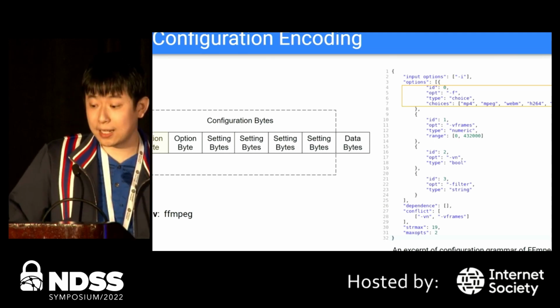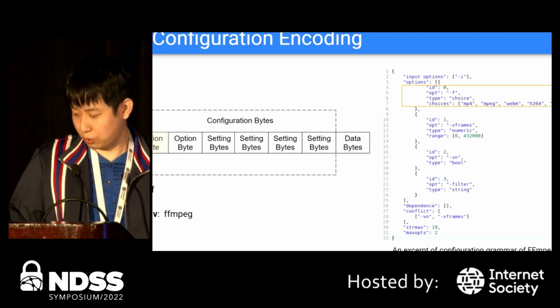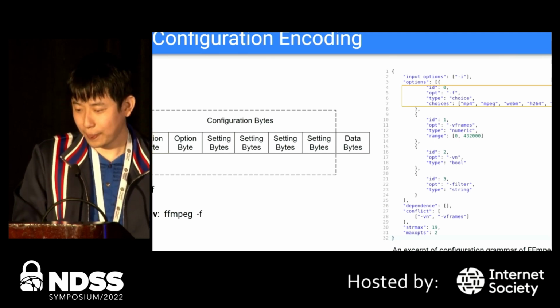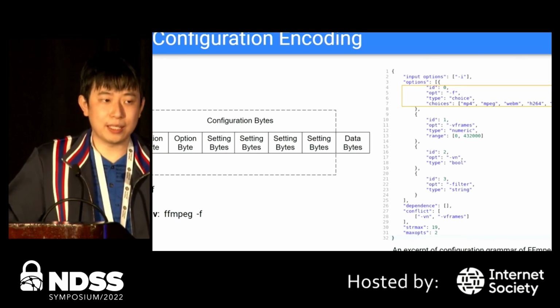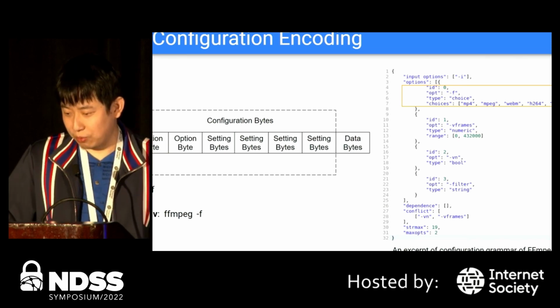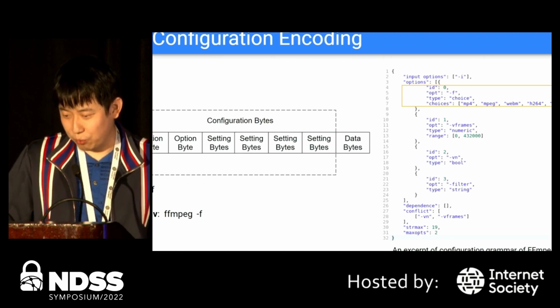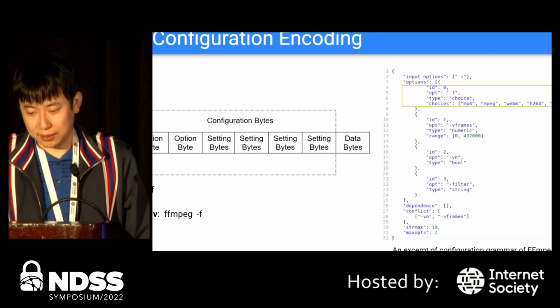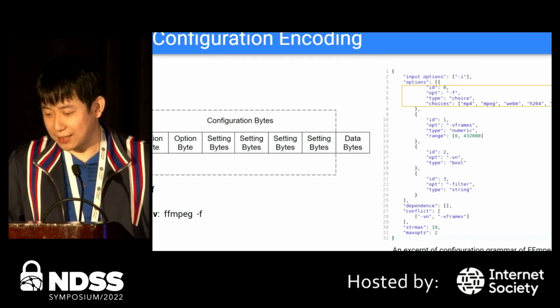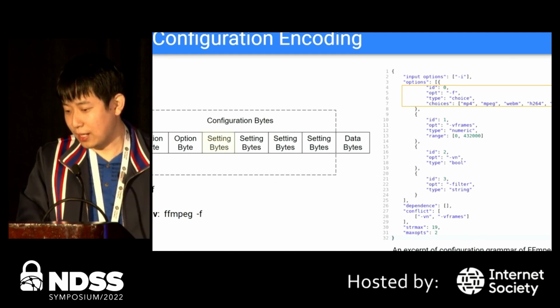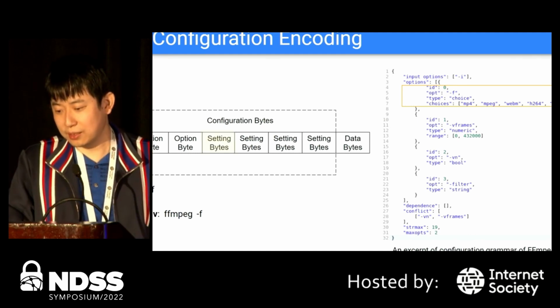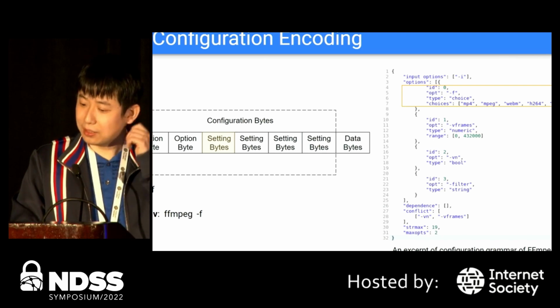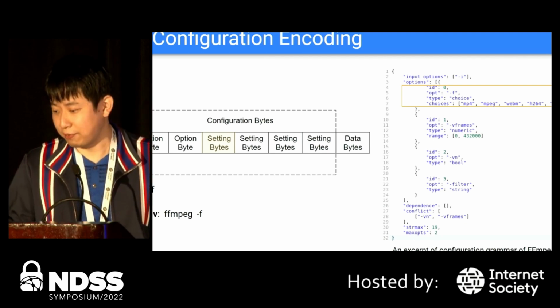After the option is decided, we append it to argv. And with the option ID, we actually know which setting bytes that option represents. So here, with option ID 0, we know these setting bytes are the settings for option -f.